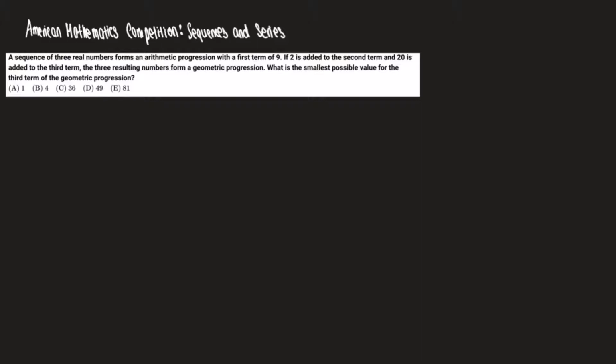This one would definitely have more of a conceptual idea than the last one we did, which means the big ideas for this one carry more meaning. A sequence of real numbers forms an arithmetic progression with the first term of 9.